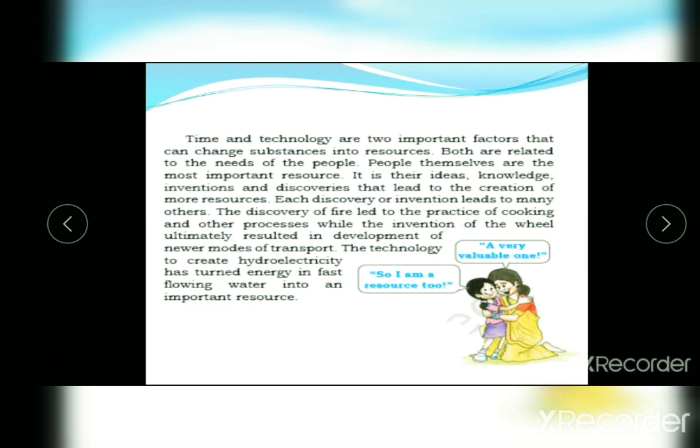You must have learned it earlier, that when water falls from a very high place, vertically without turning, due to its gravitational force some electricity is produced, or can be produced, which is called hydroelectricity. Here a girl is asking her mama, so I am a resource too. Her mother says, a very valuable one.